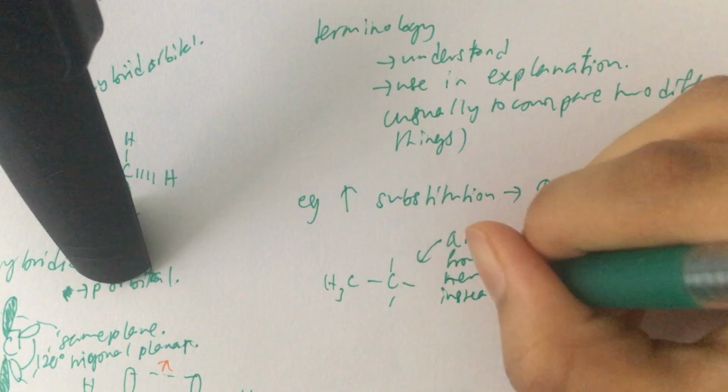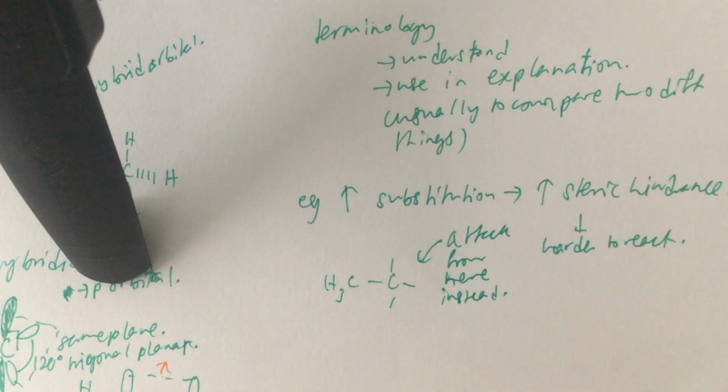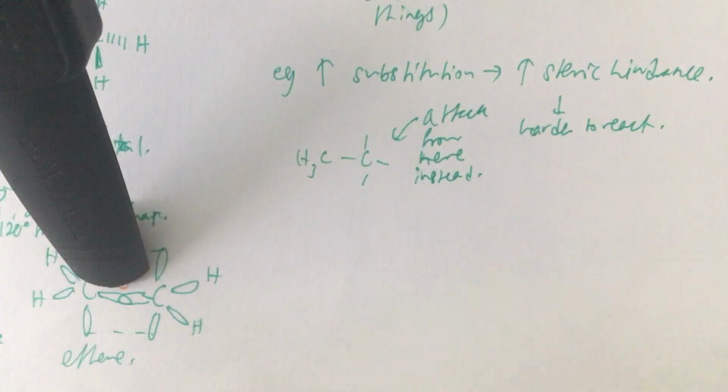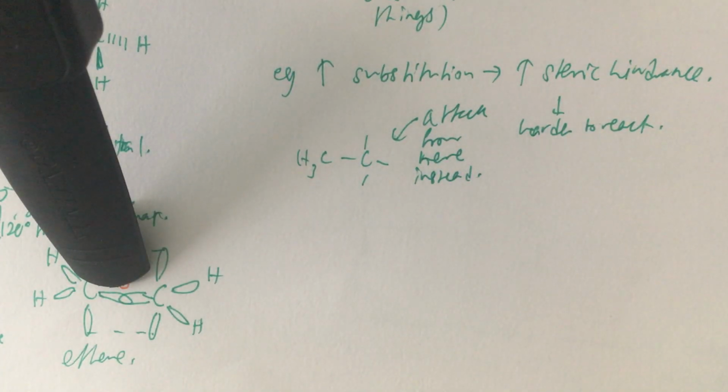So the final learning outcome, finally, is to recognize that the mechanisms of polar reactions involve the flow of electrons from electron-rich to electron-poor sites. In a polar molecule, you obviously have one side which is very electron-rich and one side which is very electron-poor.